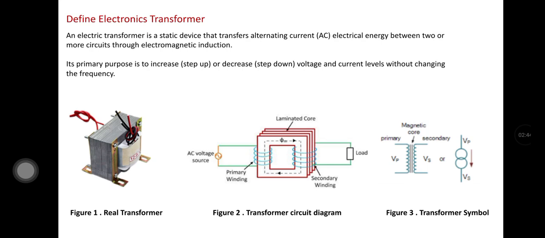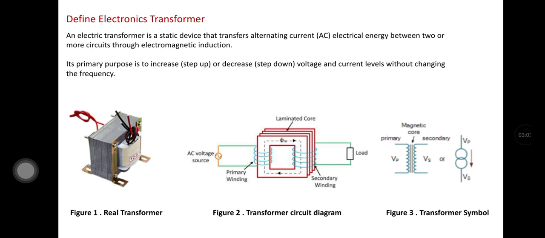So here the three figures are there. One is your actual transformer. If you see, it has primary winding as well as secondary winding, and these are the laminated strips E and I, which combine to make a transformer.